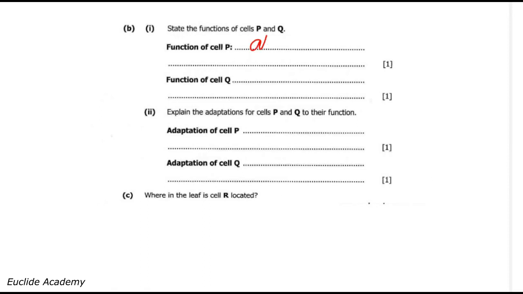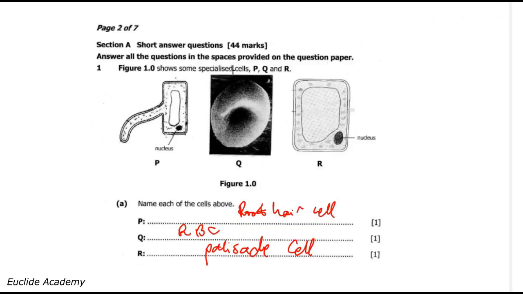Its job is to absorb water and mineral salts. That's the function of cell P.